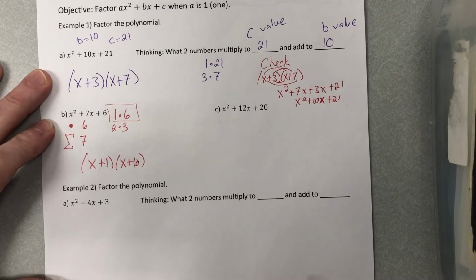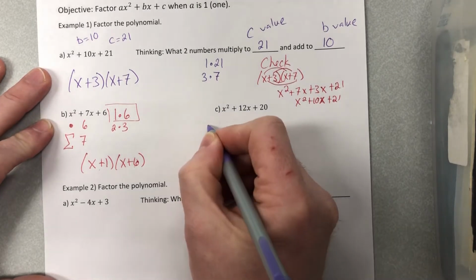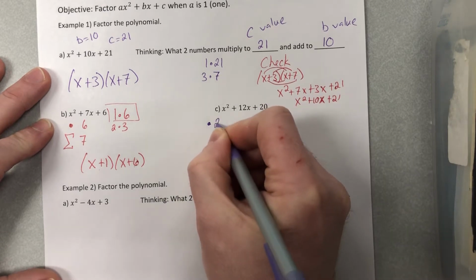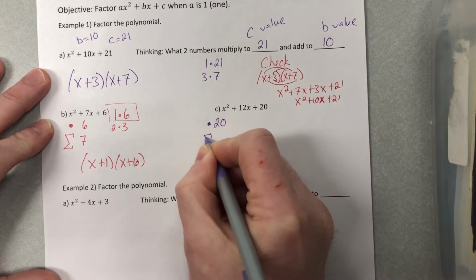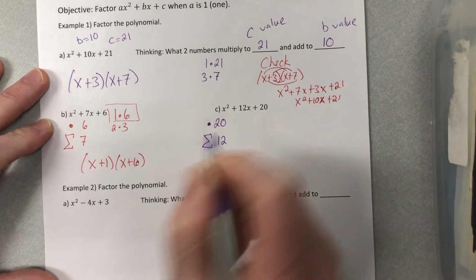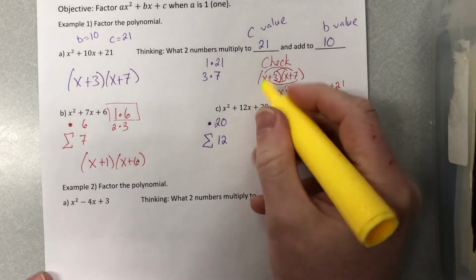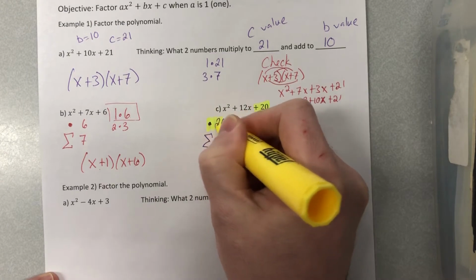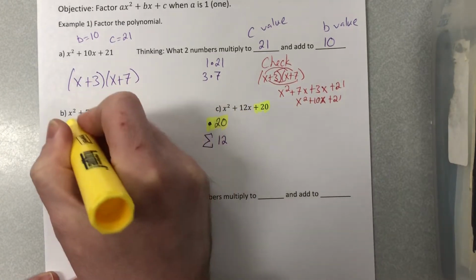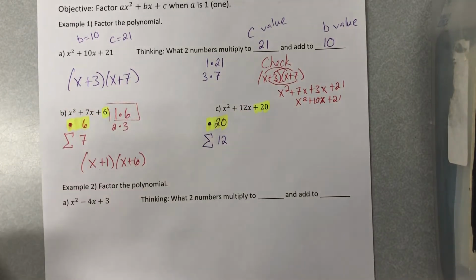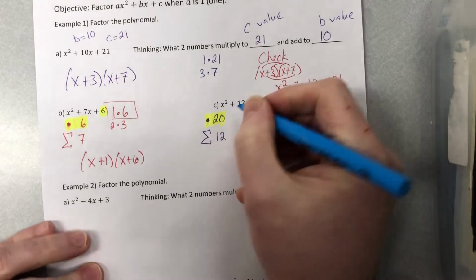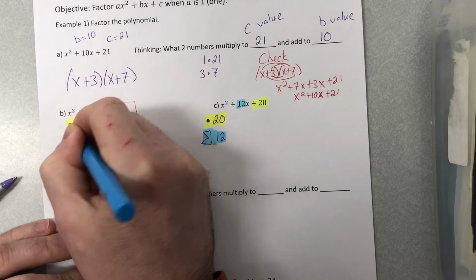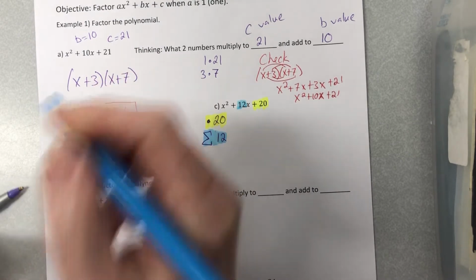All right. As we move on to example C, once again, we need two numbers that are going to multiply to our c, which is 20, and add to 12. I'll highlight these, and I'll go back and highlight the previous one. They're going to multiply to 20, and the previous one they're going to multiply to 6, and they're going to add to 12, just so you can see it in both of these.